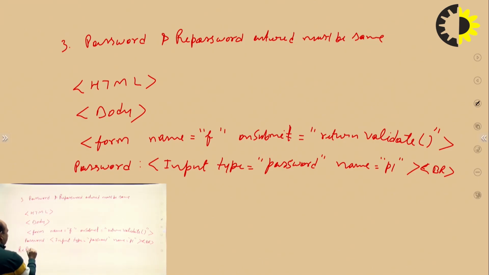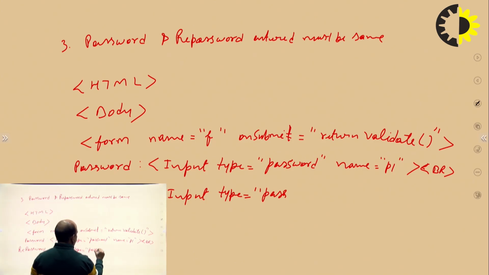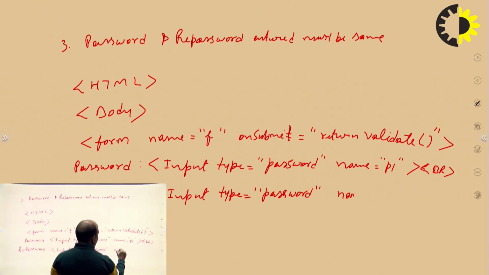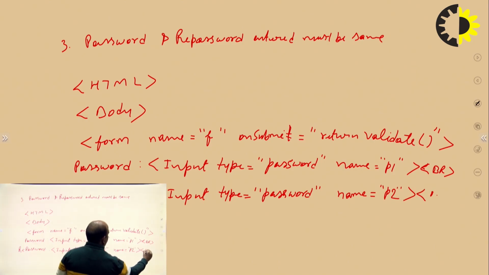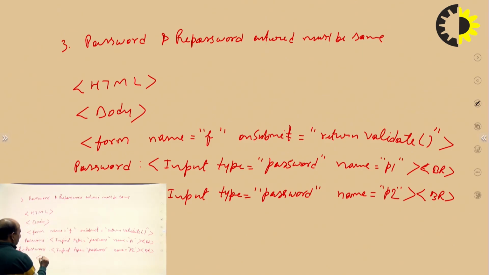Okay. Now there is a BR tag to go to the next line, and now I am asking for repassword. For that also I am creating input type is equal to password, and I am giving name as P2 for this re-entered password. BR tag is there to go to the next line, and after that I am creating a submit button.